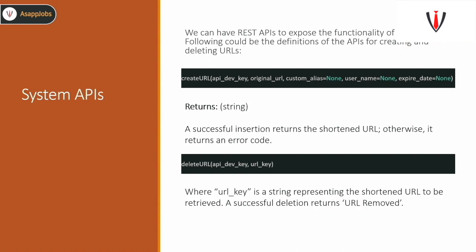It's going to have the dev key to identify the user, and then the URL key, and basically that would remove that URL. So we have defined the system APIs now. Next, we're going to think about how we actually solve this problem.